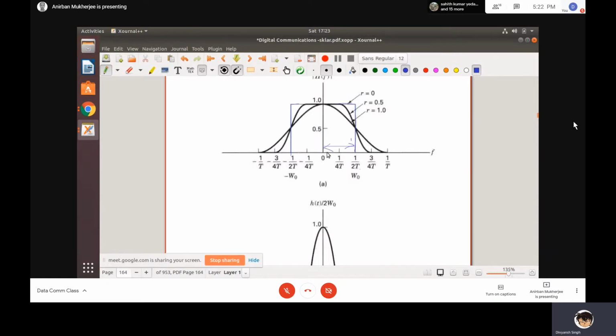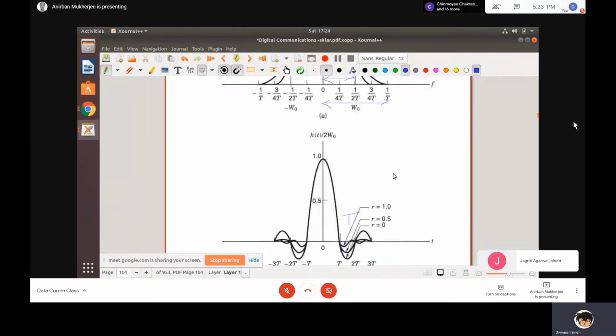Now I am relaxing the bandwidth, because this is the minimum bandwidth. We will not operate on minimum bandwidth, we will go for a higher bandwidth, depending on the roll-off factor R: R equal to 0, R equal to 0.5, R equal to 1. When I make R equal to 1, my bandwidth is double: instead of 1 by 2T, it is 1 by T.